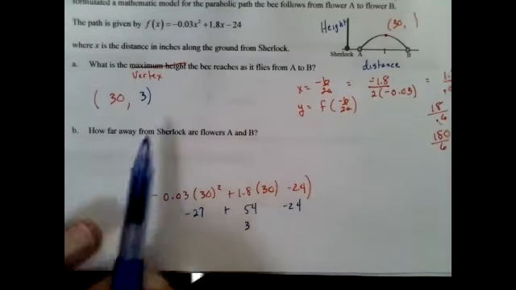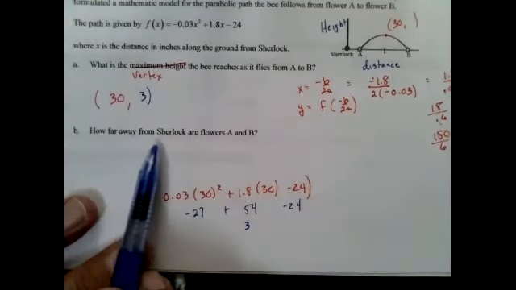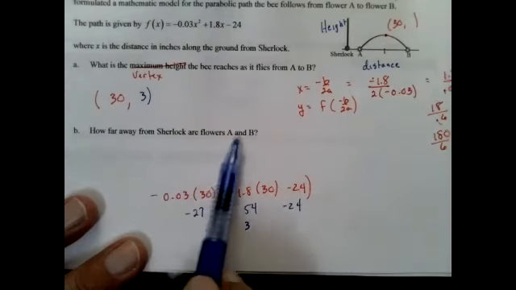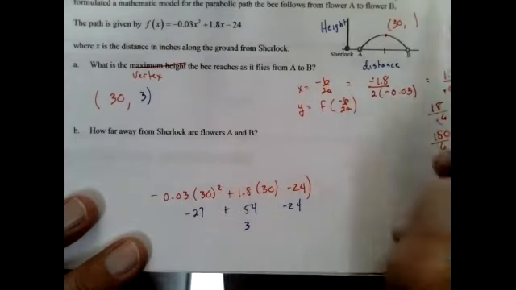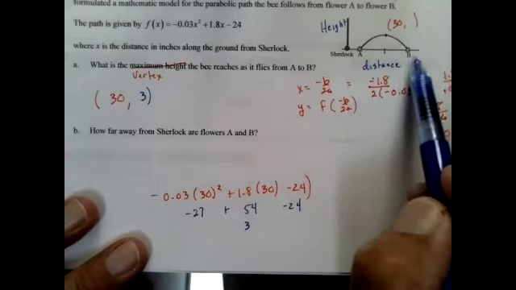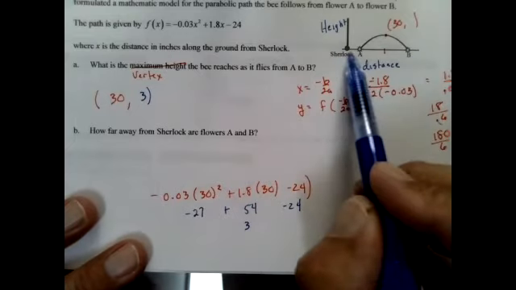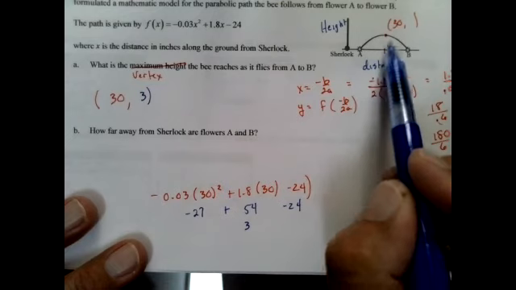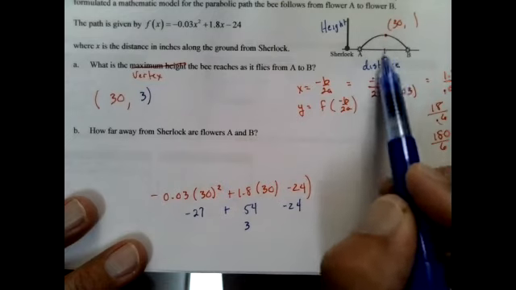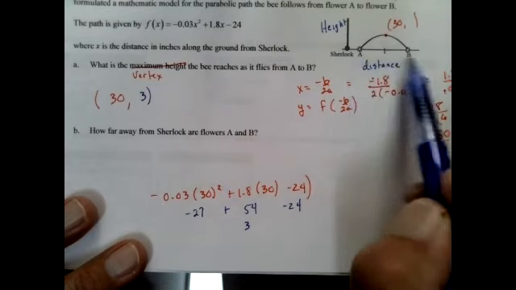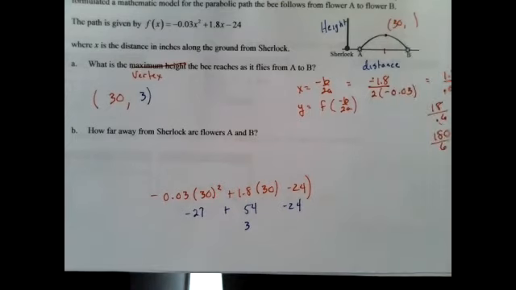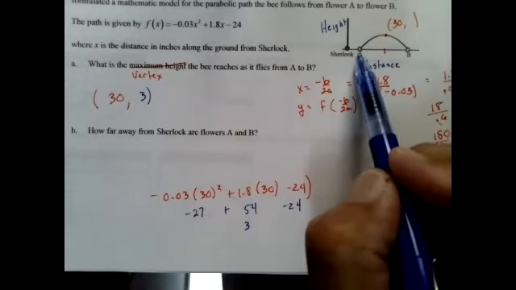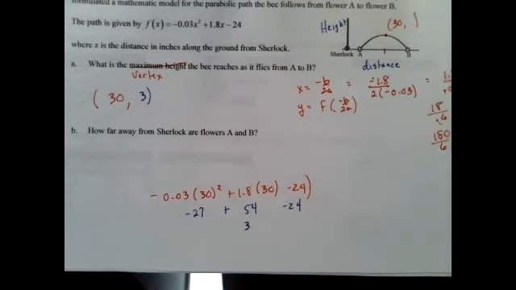Okay, the next question says, how far away from Sherlock are flowers A and B? Here's flower A, here's flower B. If I want to know their distance, I know one of them is going to be less than 30 and one of them is going to be greater than 30. But in the things we've been talking about up to this point, what are the locations on that graph for A and B?